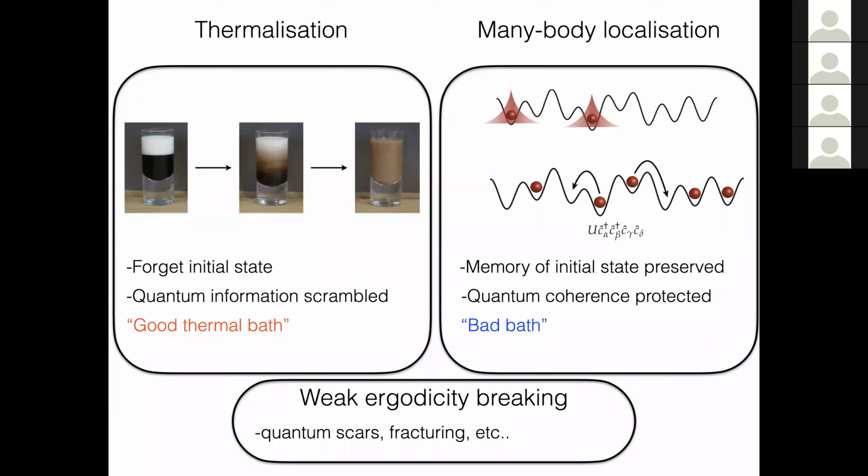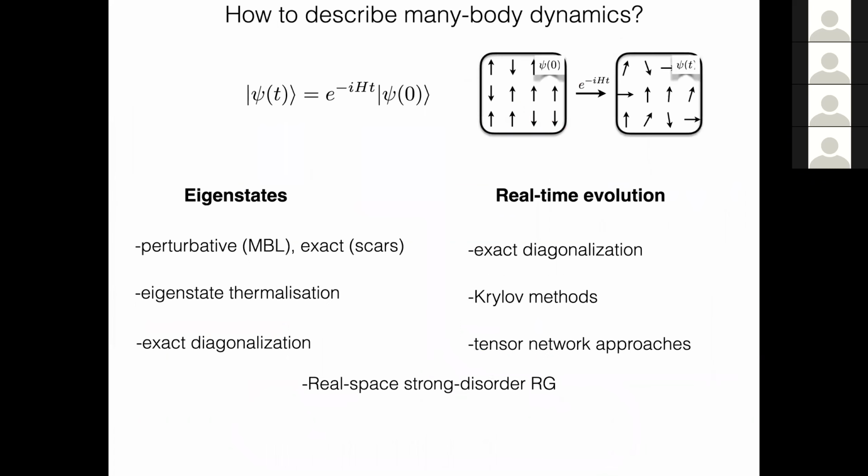There are also other possibilities which are being actively explored, which I group here under the name weak ergodicity breaking, and this includes things like quantum many-body scars and fracturing of the Hilbert space. And there are also things like pre-thermalization, which are mechanisms to slow down thermalization; this can happen in various ways.